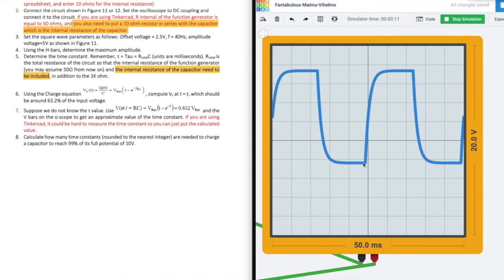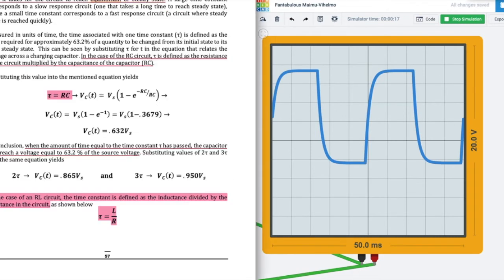So how to find the time constant on the oscilloscope? As we mentioned here, when the amount of time equal to tau has passed, the capacitor will reach a voltage equal to 63.2% of the source voltage.